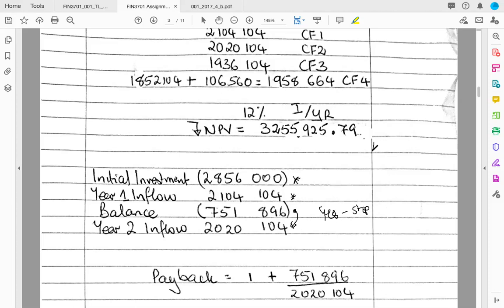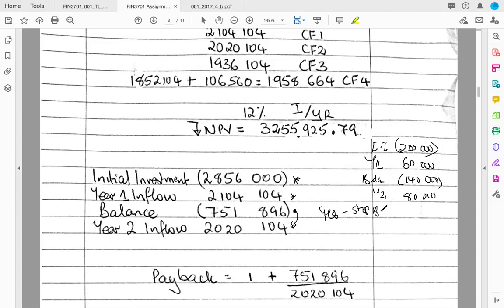Let's say our initial investment was 200,000. And then let's say in year 1 we had 60,000, and our balance would be 140,000. This is just my example. And then let's say in year 2 we have 80,000.